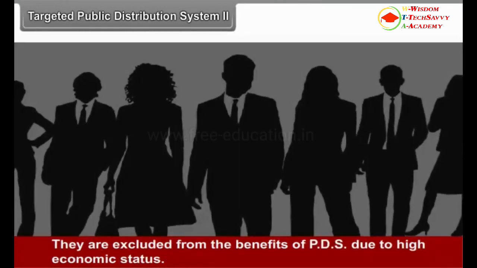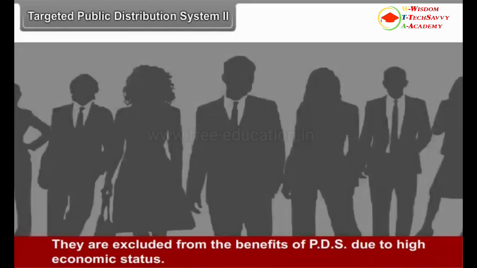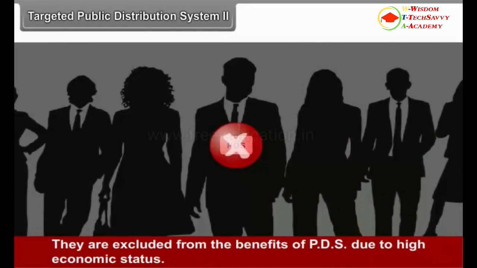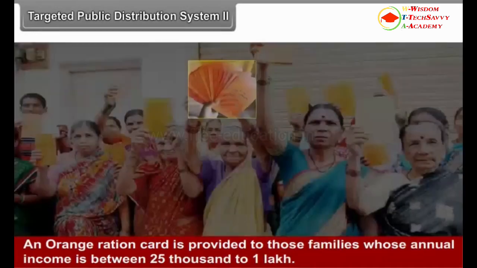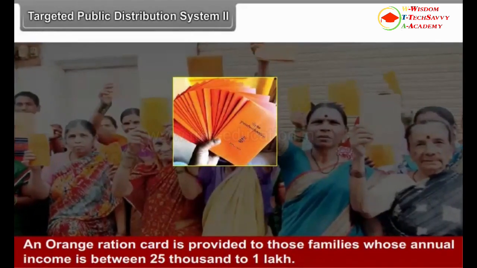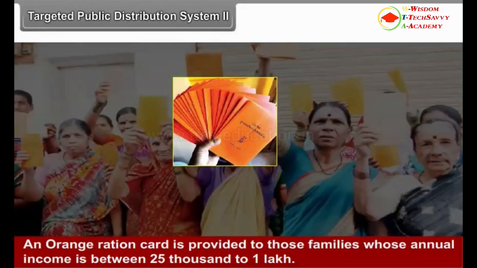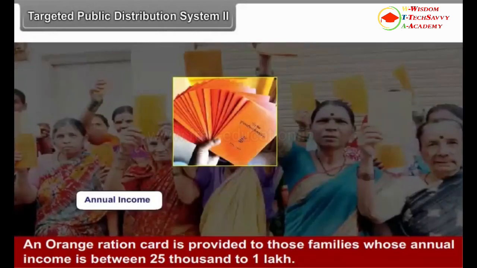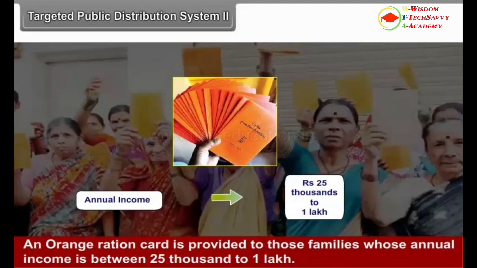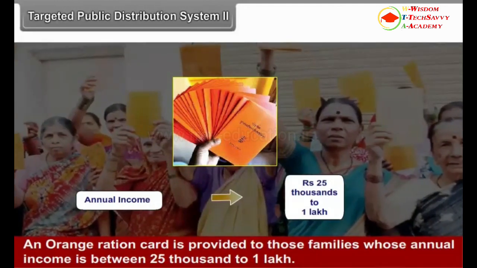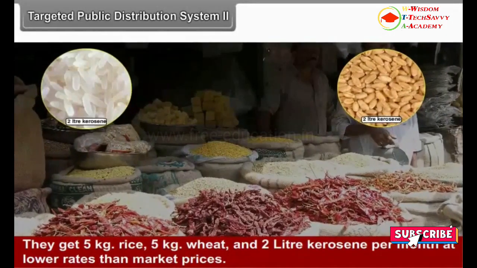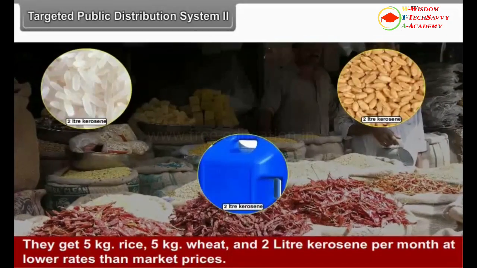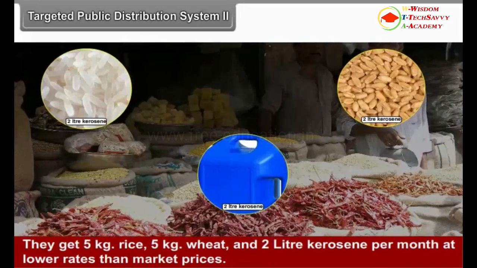They are excluded from the benefits of the public distribution system due to high economic status. An orange ration card is provided to those families whose annual income is between 25,000 to 1 lakh. They get 5 kg rice, 5 kg wheat and 2 liters of kerosene per month at lower rates than the market price.